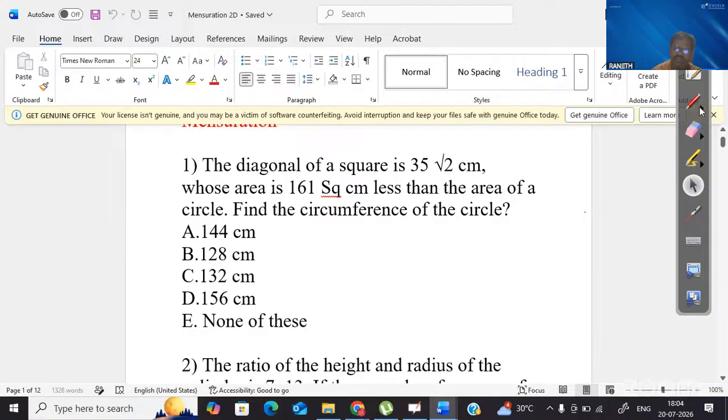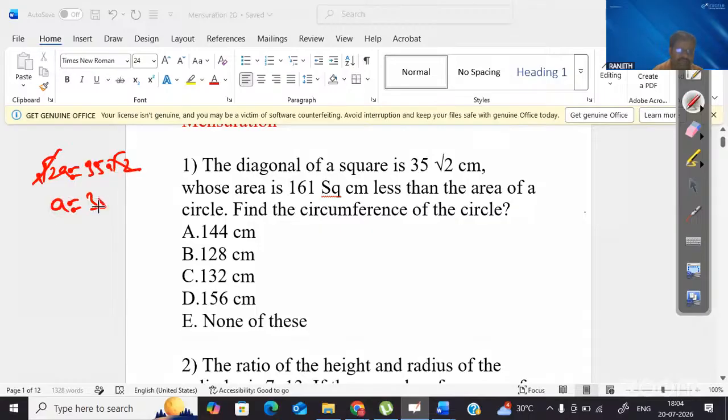Root 2a. Diagonal of square is root 2a, which will be equal to 35 root 2. Root 2 is cancelled, where a equal to 35. And also whose area? What is the area? A square.